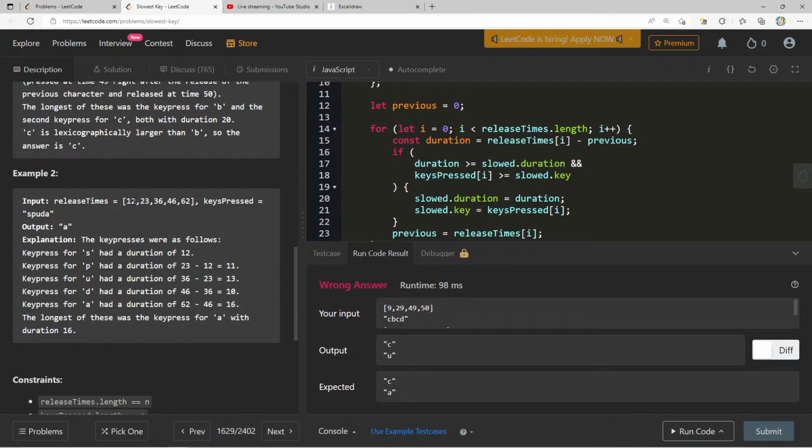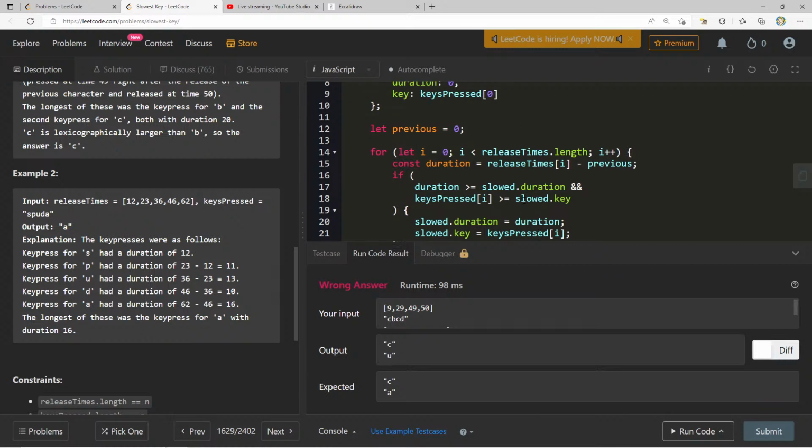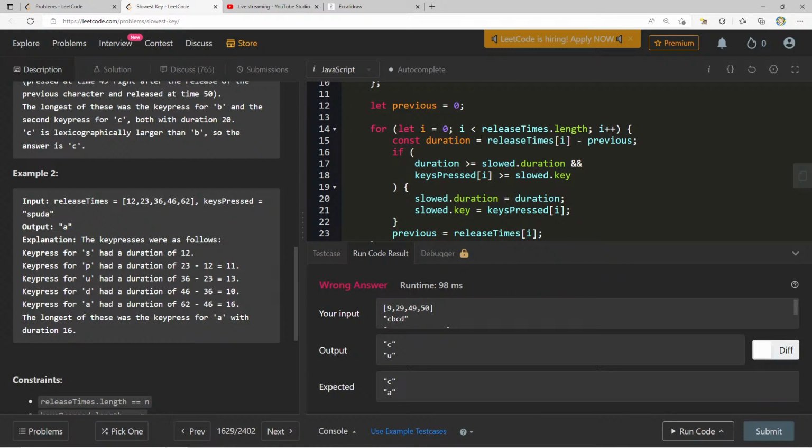The key presses were as follows. We had 12. Okay. Consideration is release times of i, 12 minus previous, so that's 12. If duration is great, oh, so it only needs to be, okay, let's think about this.